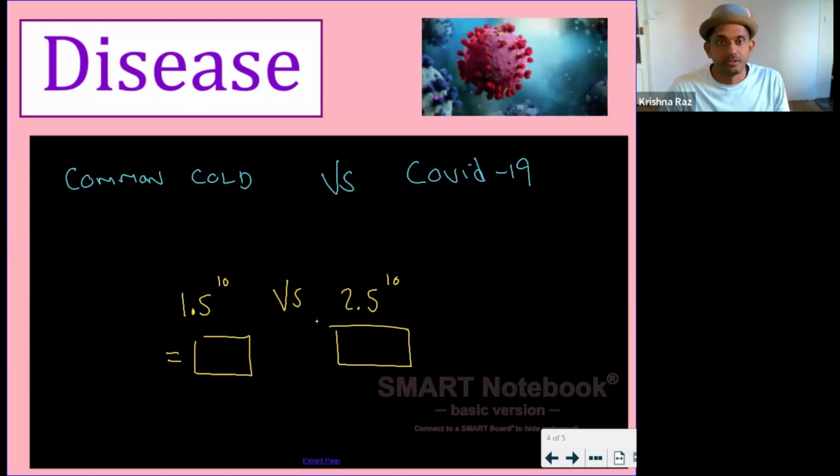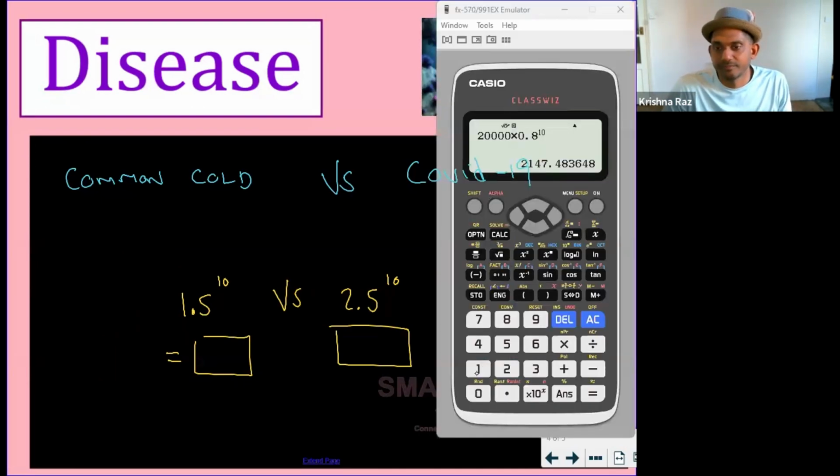Let's have a look. So 1.5 to the power of 10 would be about 58 people. So we're saying that after 10 phases of spreading, 58 people have got this cold. Well, if we do the coronavirus, like I say, mathematically, it's not much different.